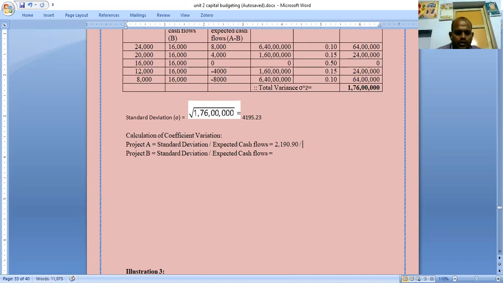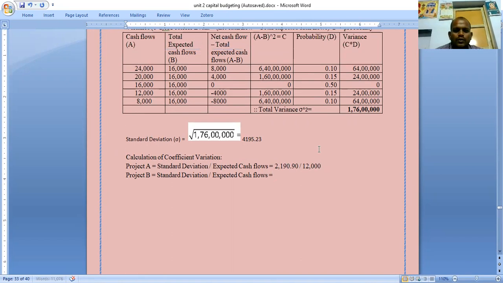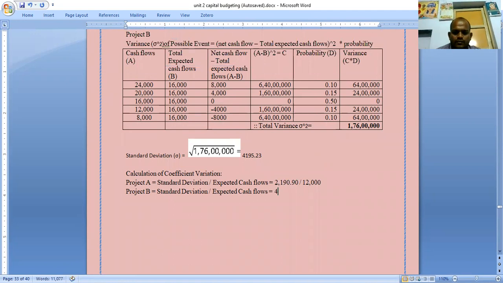Here also standard deviation is 4195.23 by 16,000, the expected cash flows. So it comes around 0.1565 for project A, and for project B 0.231.